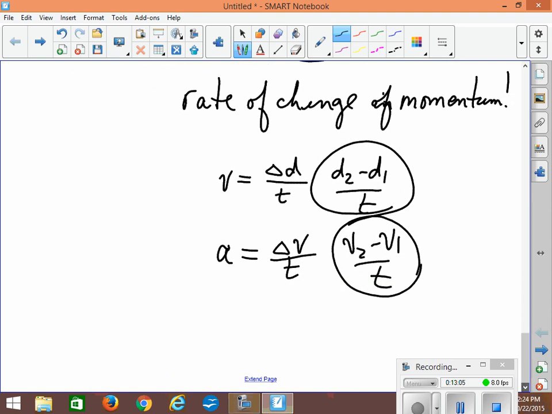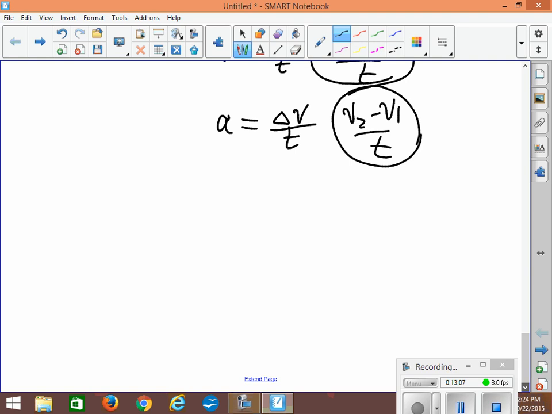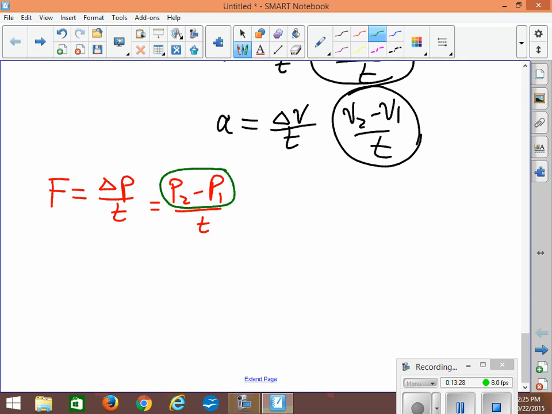And so what we will do is show you a couple different ways of writing that. Let me write what we just had up above, the rate of change of momentum, which could be written as this also. Same thing. But remember, we have a special name for P2 minus P1. That is the impulse.